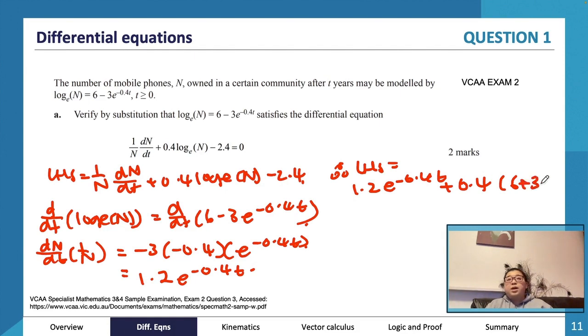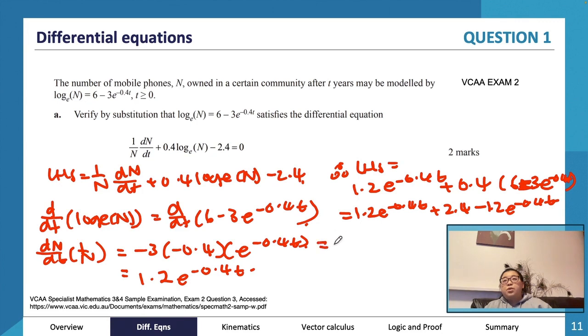So all that's going to work out to be is 1.2e^(-0.4t) plus 2.4 minus 1.2e^(-0.4t).